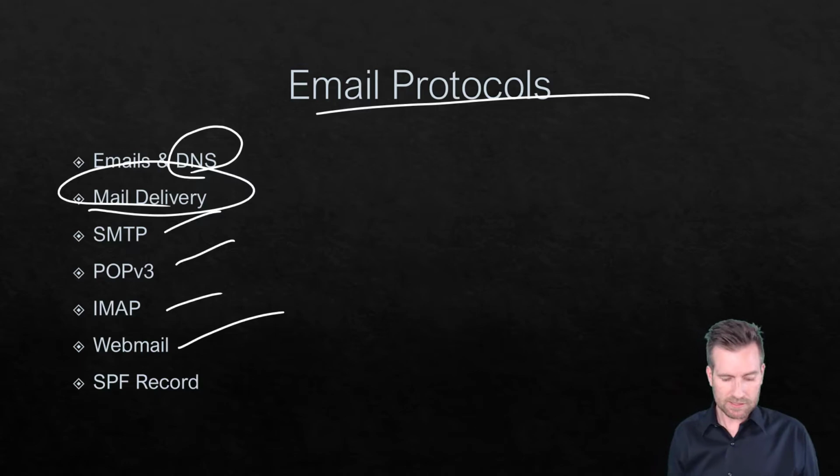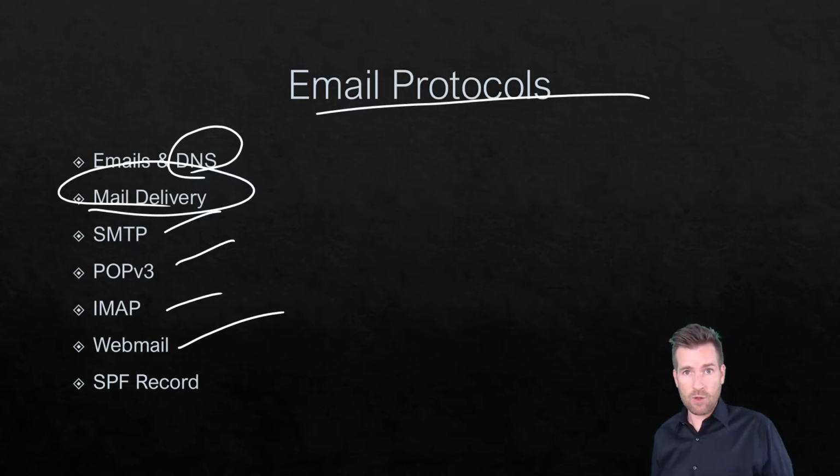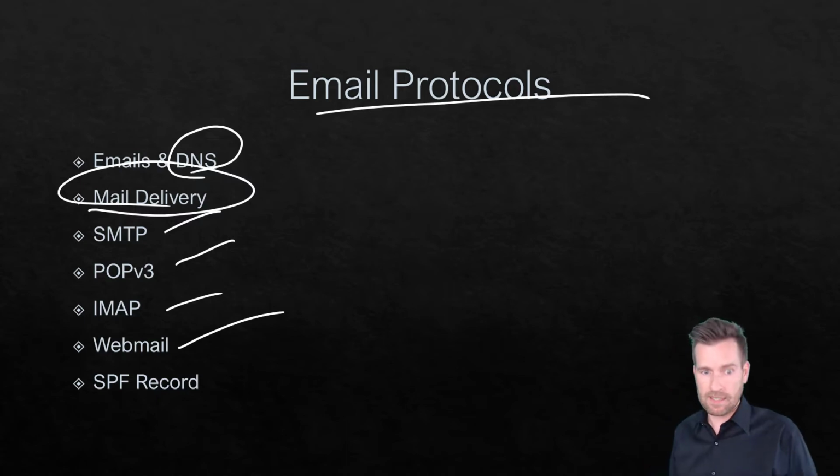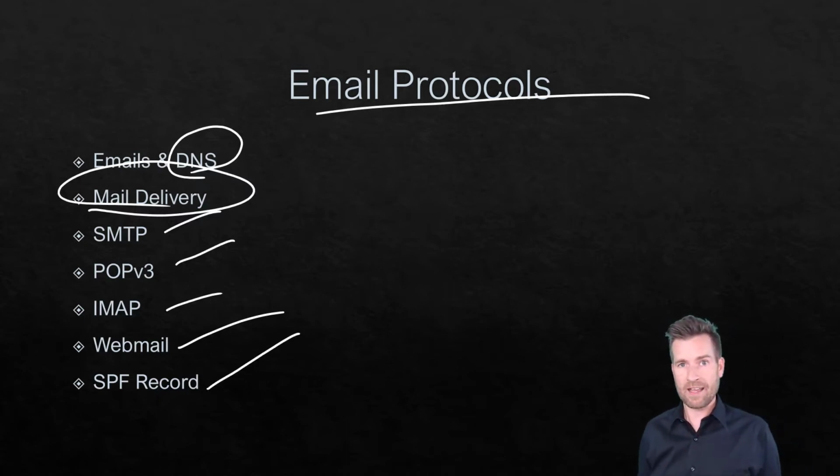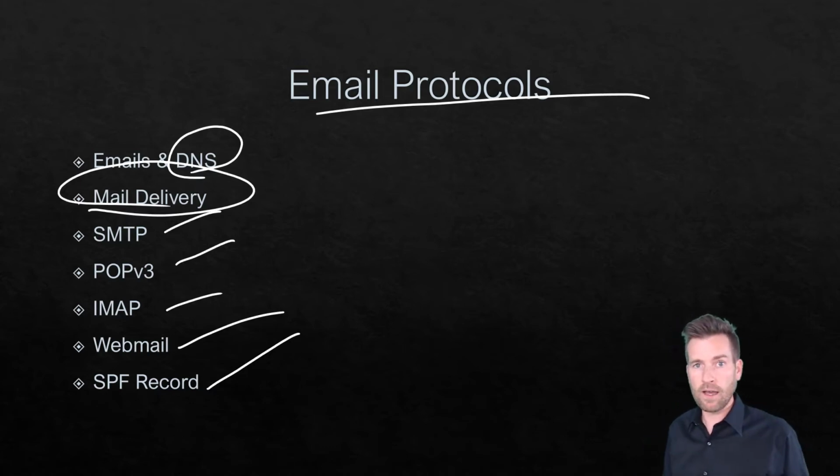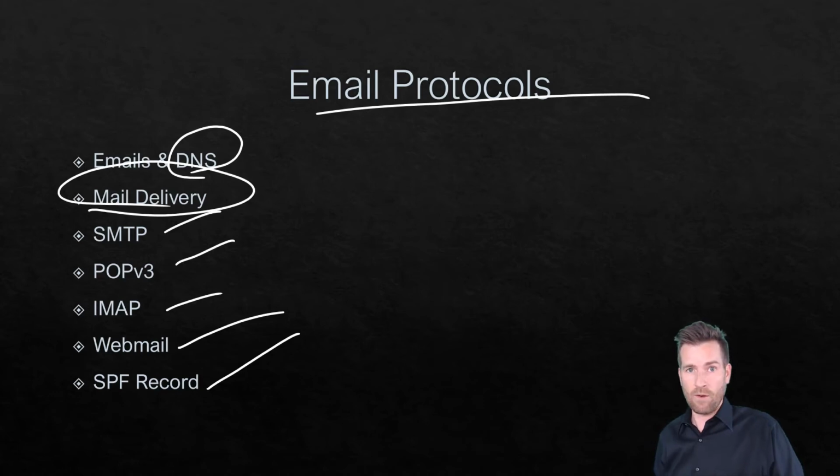And then we also mentioned webmail and how you can get online and access mail through webmail as well through HTTPS. And we wrapped things up talking about the SPF record and just a quick overview of what the SPF record is used for and how it verifies the sending mail transfer agent to make sure that it is in fact an agent of the domain that should be sending mail out.